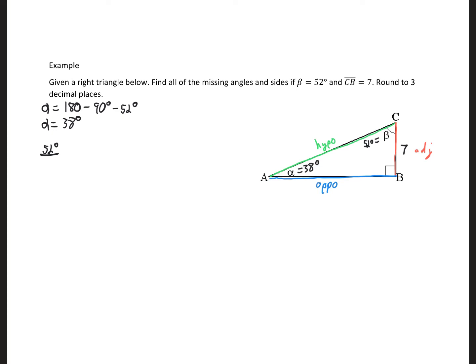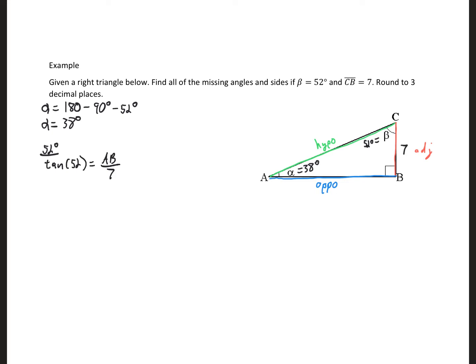If I wanted to find side length AB using 52 degrees, then I would say tangent of 52 equals opposite is side AB and adjacent is side length 7.